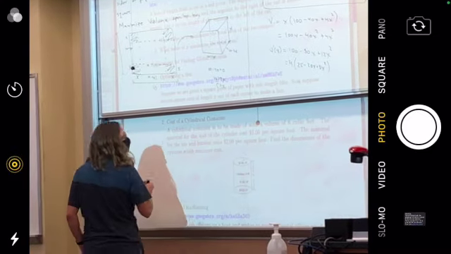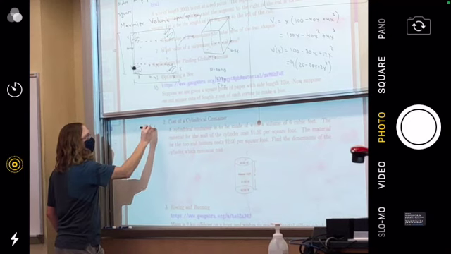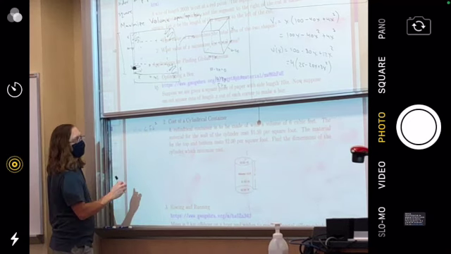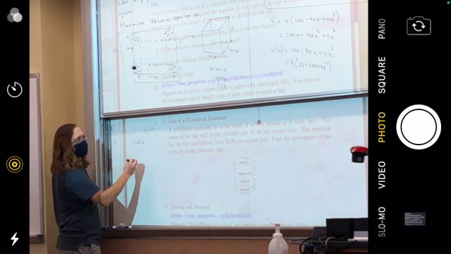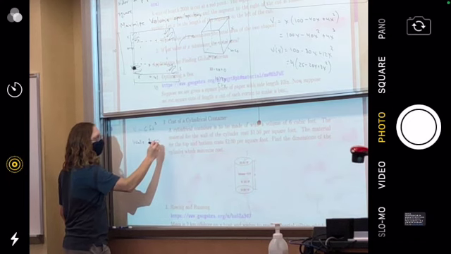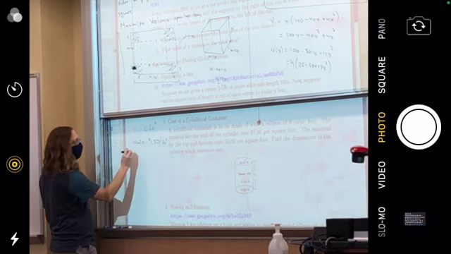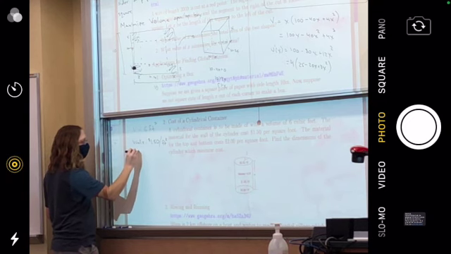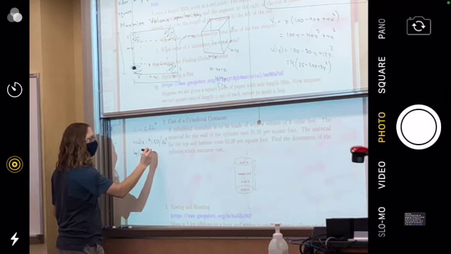Alright, so we want it to have a volume of 6 cubic feet. And let's see, the walls cost $1.50 per square foot. And the top and bottom are $2 per square foot.